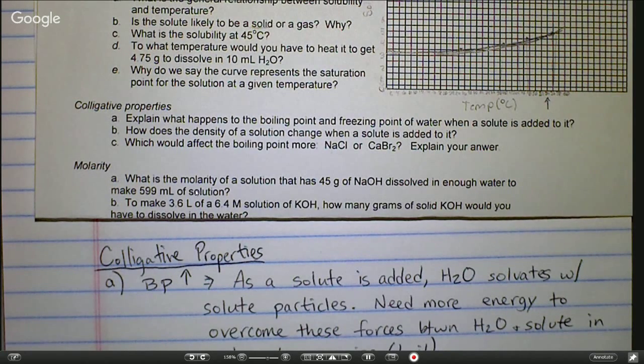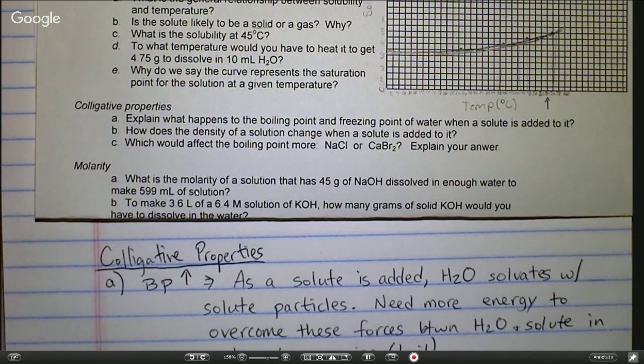Okay, but when we add a solute to the mix, well, now the water is competing with the solute, and so the water wants to solvate it and surround it. So now we've got to break apart that attraction between the water and the solute and have enough energy to overcome those in order to then get to the boiling point. And so what that does then is it increases that boiling point significantly.